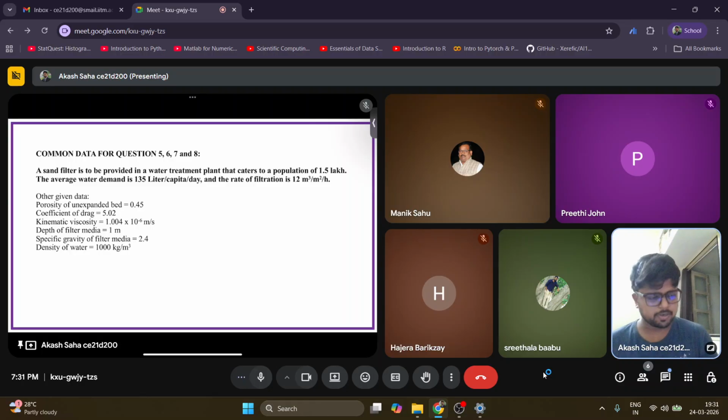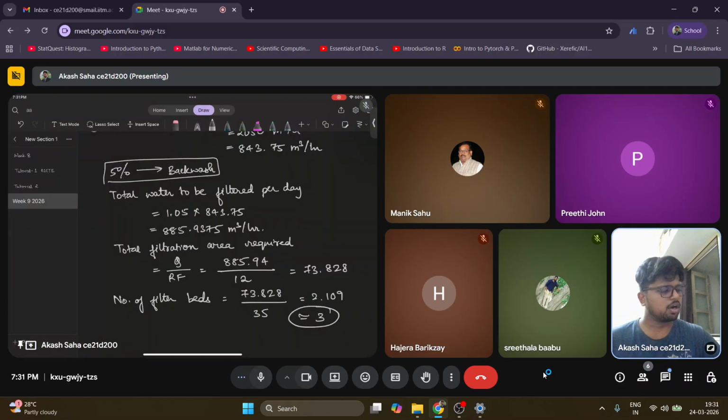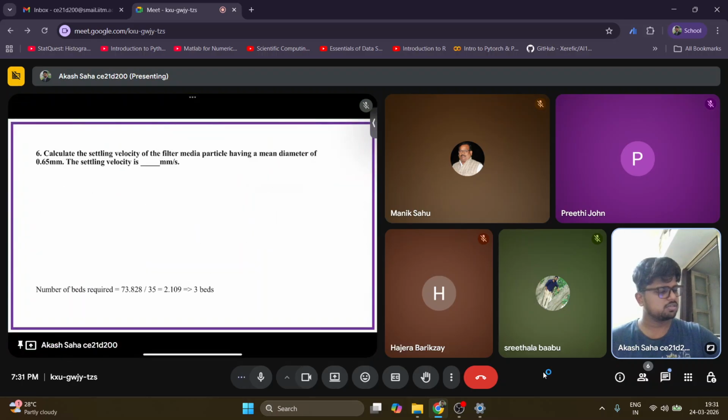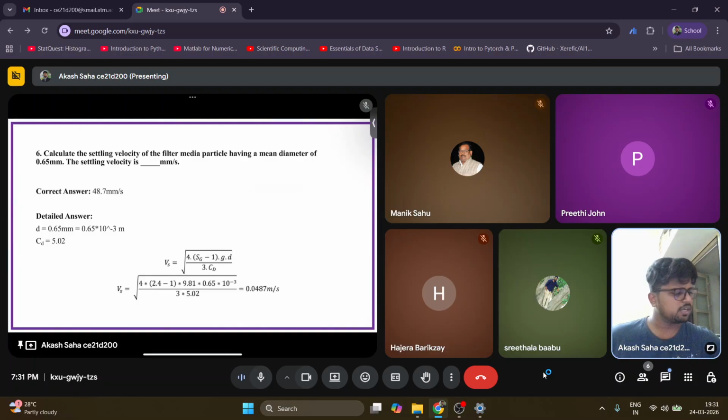So 48.7 mm per second. It's a direct formula based question, so the correct answer is 48.7 mm per second. Here you can see the answer you will get is 0.0487. Whenever the answer is asked in millimeter per second, it's better to go for more decimal points so that you get a proper answer.